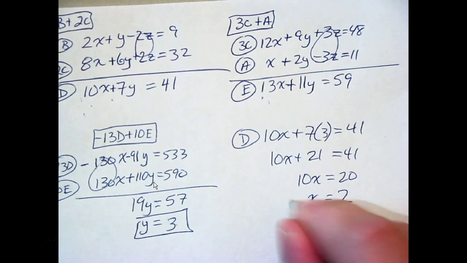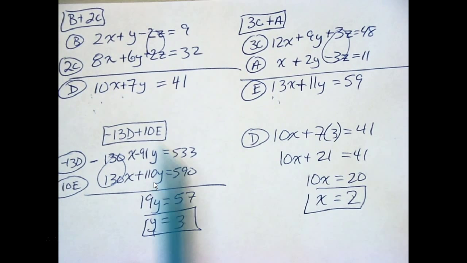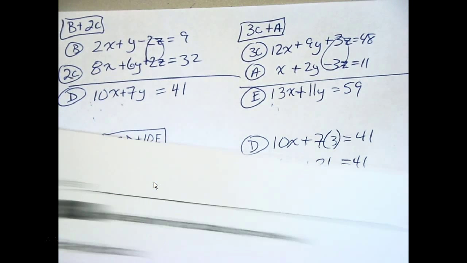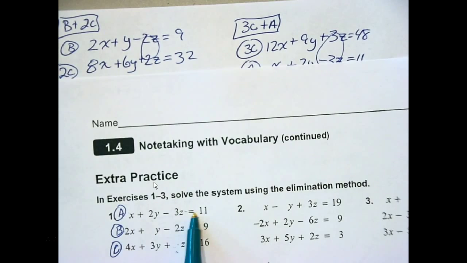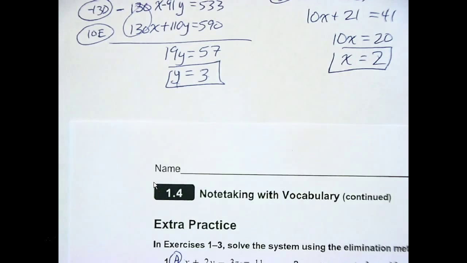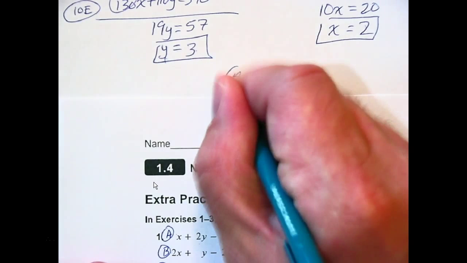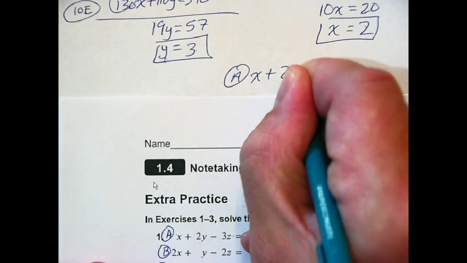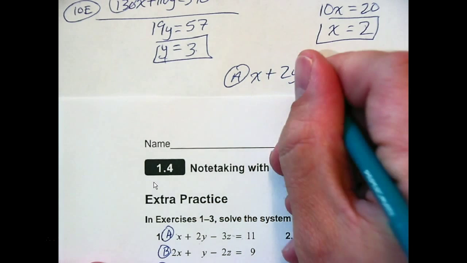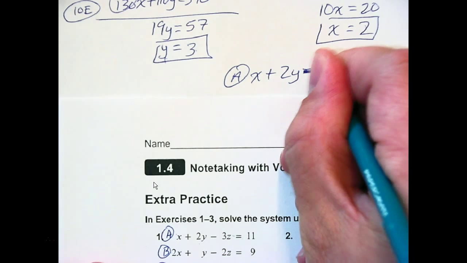And divide by 10. And then plug x and y back into one of my original equations. So if I choose equation A here, x plus 2, oops, it's supposed to be a minus, so x plus 2y minus 3z equals 11.